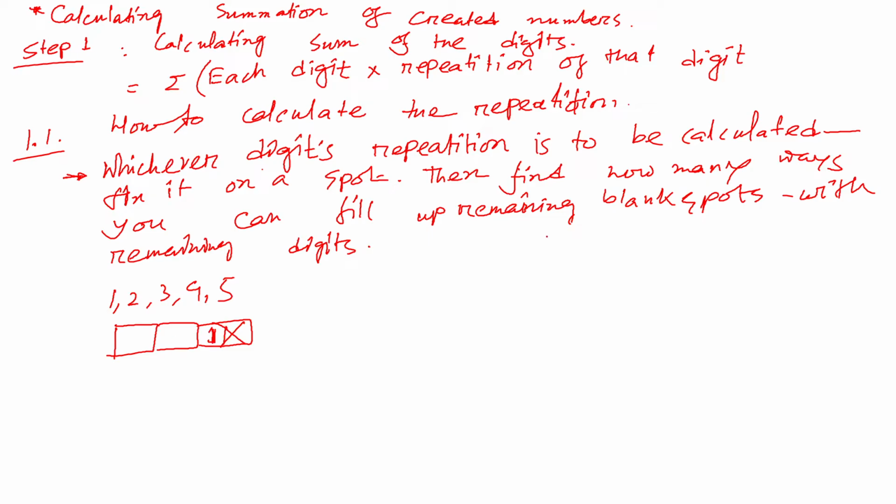Then I have to calculate the remaining digits, because whenever we are trying to calculate the repetition, that means how many ways can it be repeated. If I take say 541, then 231, that means 1 is getting repeated, at this spot and again in this spot. Understanding my point?